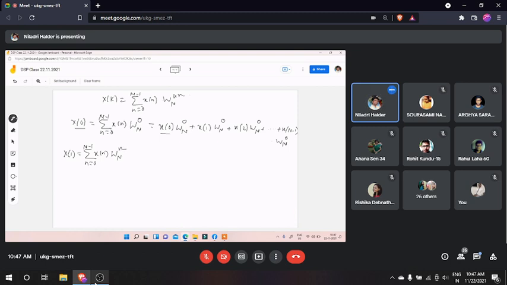Again, if you replace the value of small n from 0 to N minus 1: x0 Wn^0 plus x1 Wn^1 plus x2 Wn^2, like that, up to xN-1 Wn to the power N minus 1.